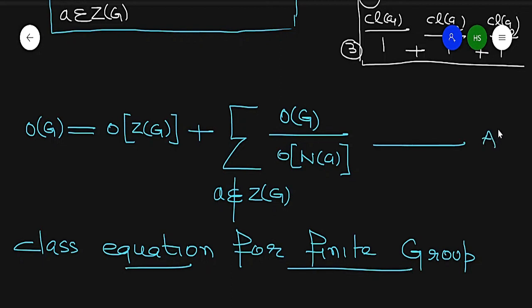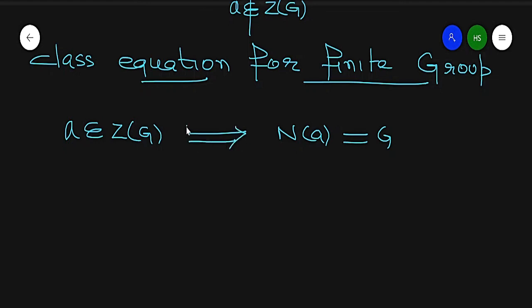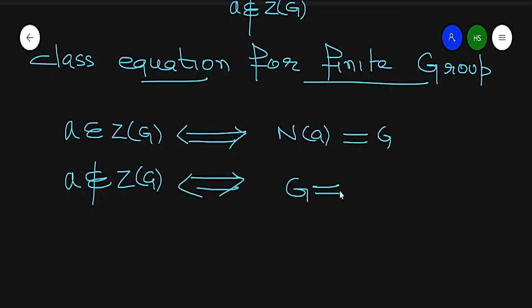In addition to this, understand one concept also. As we know, A belongs to center of G implies normalizer of A and G are equal, as it is an if and only if statement. It means if A does not belong to center of G, then G and normalizer of A are not equal.